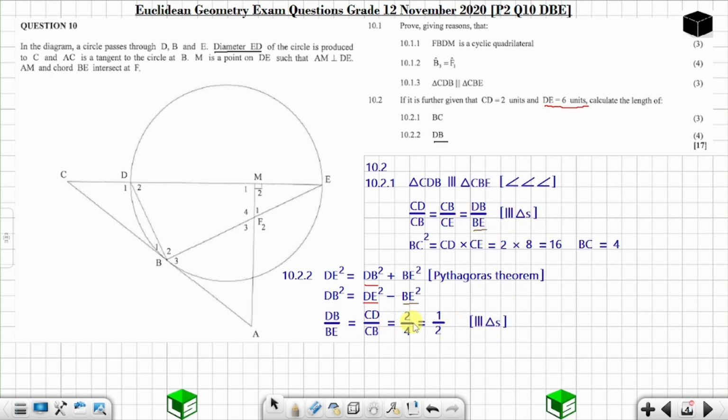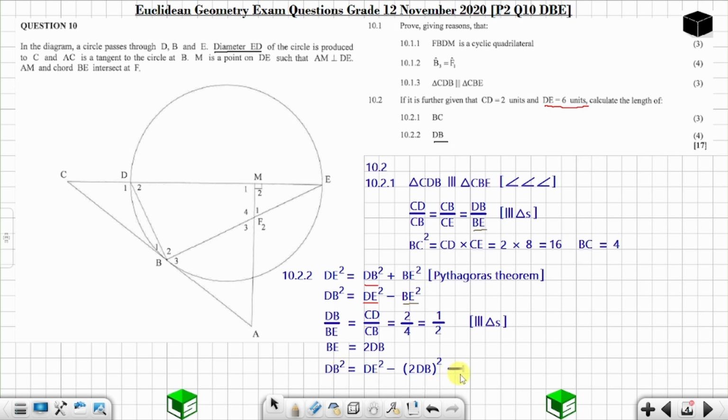Now you're going to cross multiply. You have BE times 1, which is BE, equal to DB times 2, which is 2 DB. So DB squared is equal to DE squared minus BE, which is 2 DB, remember, squared.